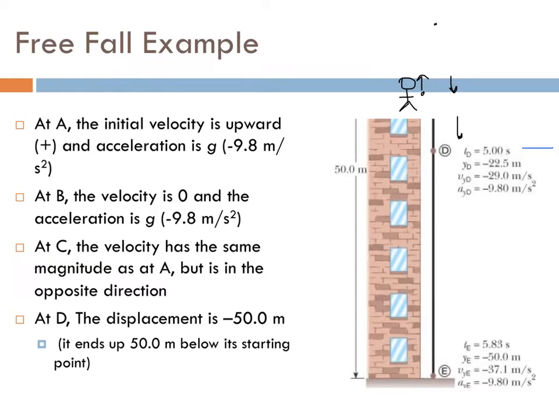We are now at a displacement of negative 22.5 meters from, again, where we started. That means we are 22.5 meters below where we started. Again, we have a negative right here. This tells us that we are moving downward.